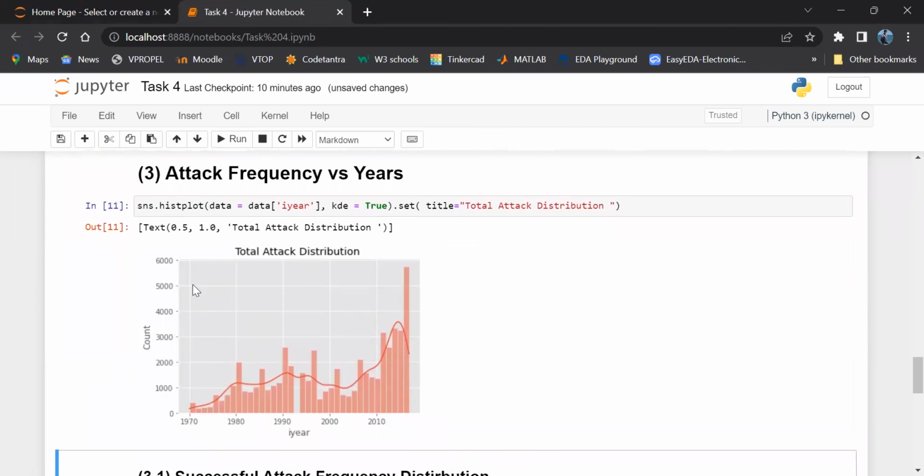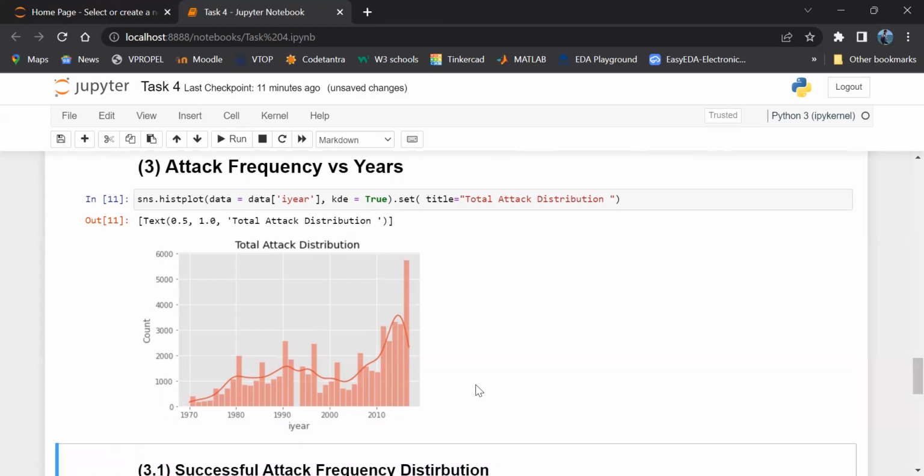As you can see here, the attacks gradually rise, peak, and decrease. Then again they gradually increase till 2010, and suddenly there's an exponential rise after 2000. So for simplicity's sake, let's break this data into two parts, one before 2000 and one after 2000.